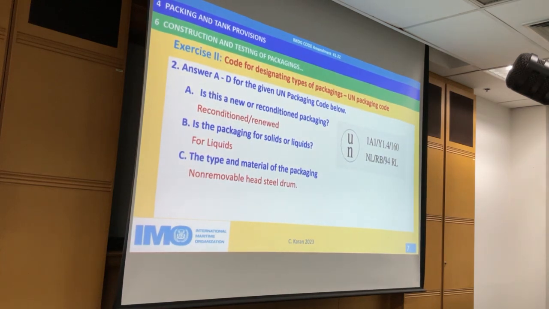We have a steel drum, but remember some oil cans have a very small mouth. It is non-removable. If we have a circle cover, that is removable. When the dangerous good is too dangerous, we have only non-removable openings.